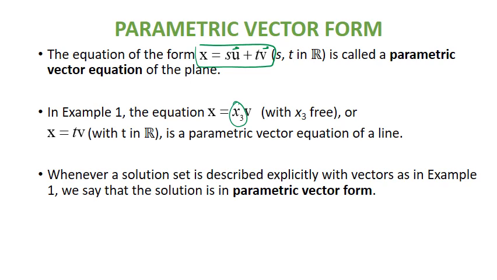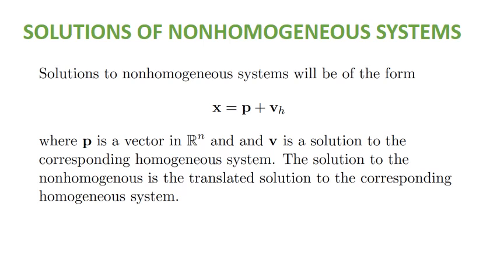And then what we do is basically replace that free variable, and then we now have a parametric vector equation. So sometimes we'll want parametric vector form, it just kind of depends. Solutions to that non-homogeneous system is basically what we talked about before, where P is that vector of constants, and V is the solution to the homogeneous system that corresponds to it.